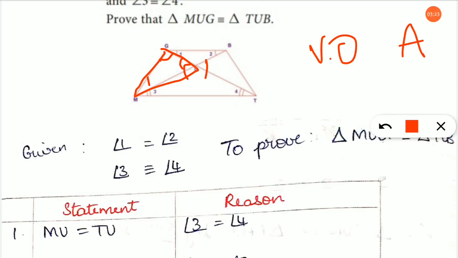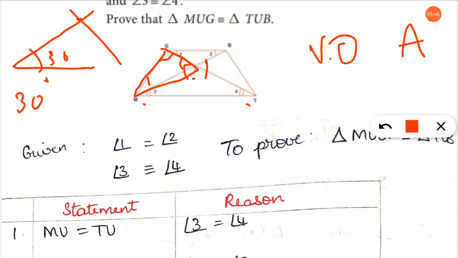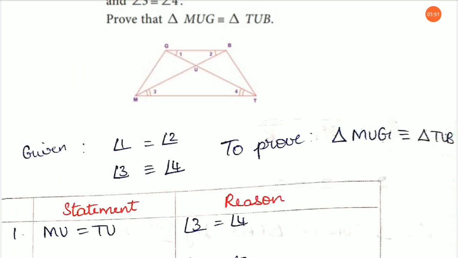And then since this is 3 and this is 4 are same, imagine I'm going to consider this as 30 degree. Okay. And 4 is also 30 degree. So if I am going to connect it, this point will be this given R. So therefore, can we say this line MU and UT is same? Can we say that? Since both are having the same angles here, we can say these two lines are same.